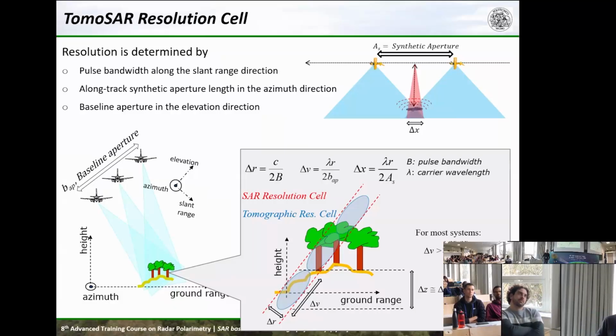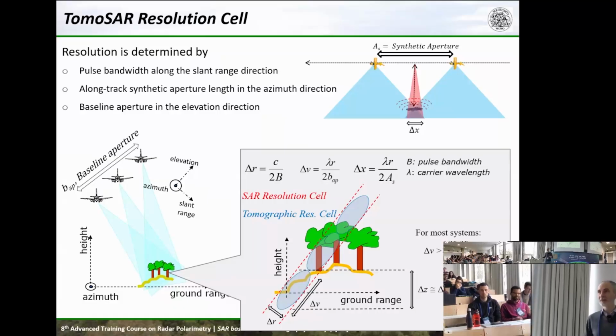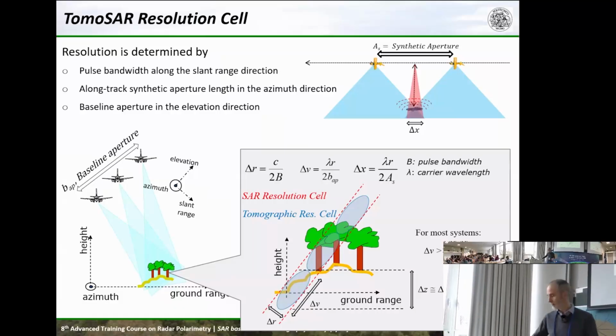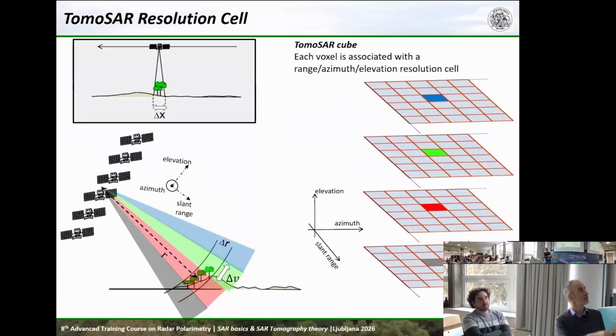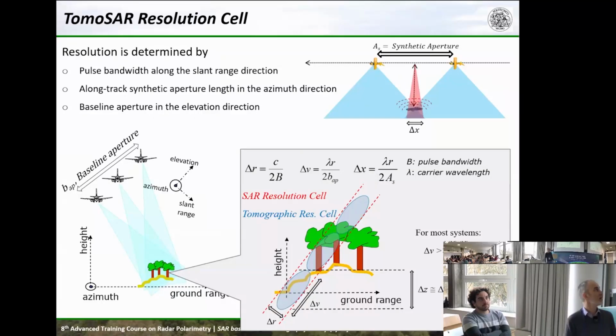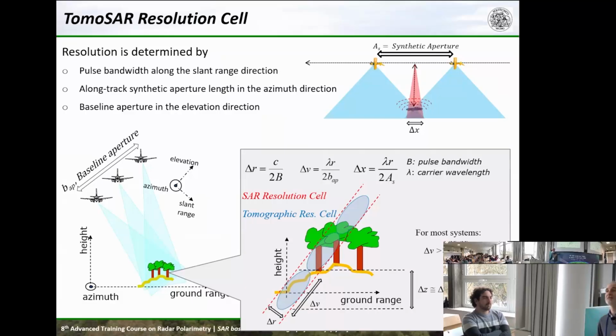So it creates voxels and not pixels, meaning that for each voxel, this is a voxel, so it's a pixel for a certain layer. For each voxel, you have a resolution cell that is no longer the bicycle tire. It is a sort of an egg now, no?